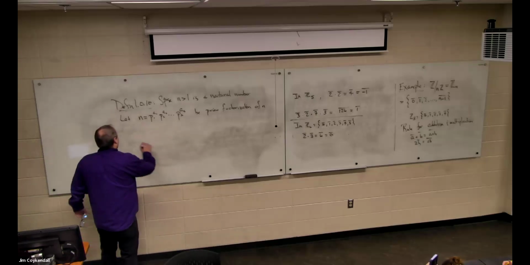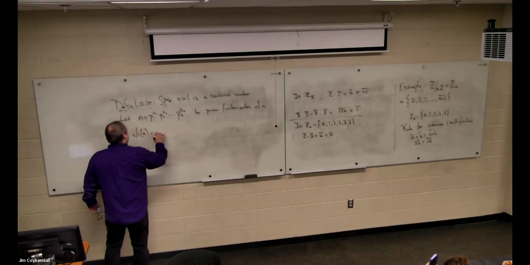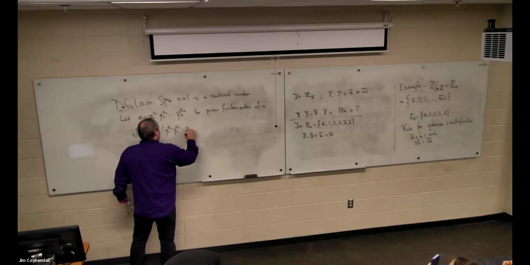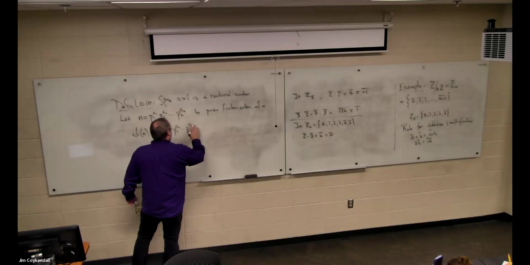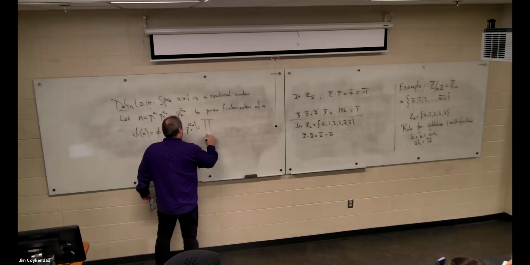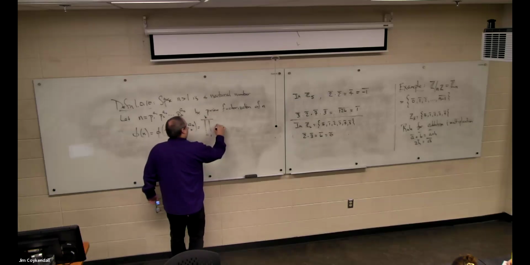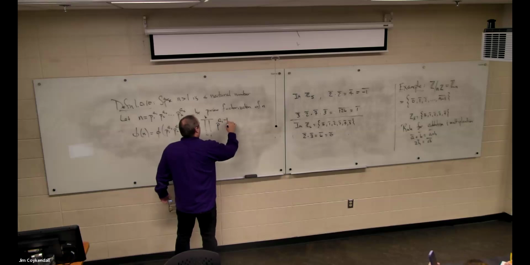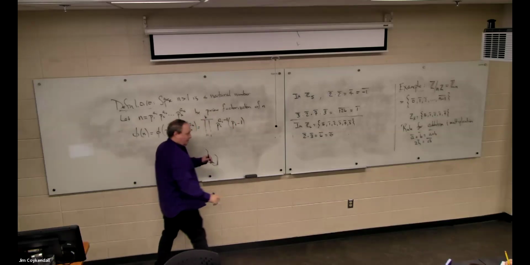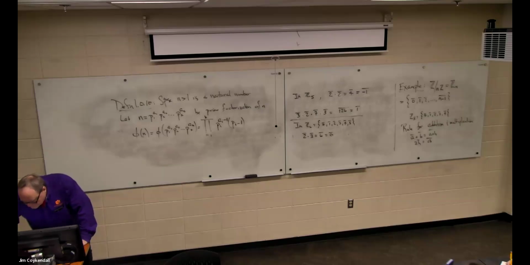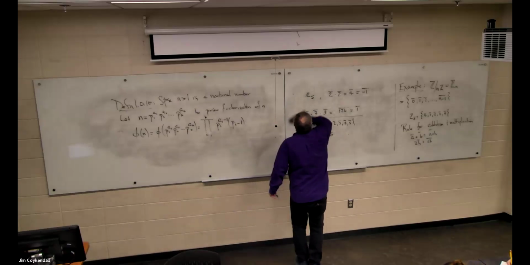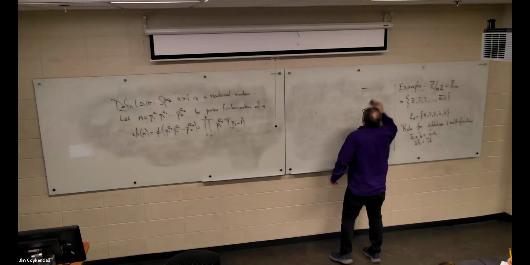Then phi of n is the product, i equals 1 to k, of Pi to the ai minus 1, times Pi minus 1. So I've just told you what it is.